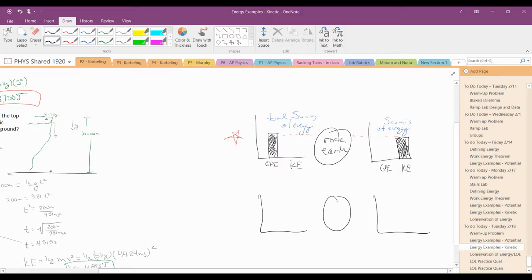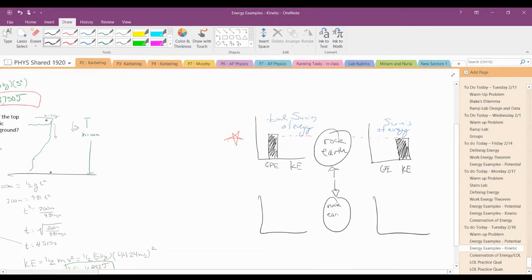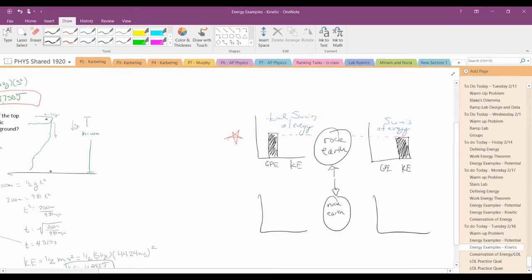And this O here is what's in your system. So what are you looking at the energy of? Well, we're looking at the rock, right, because it's falling. And we're looking at the Earth, too, because of gravitational potential energy. The gravity comes from the Earth. That force due to gravity comes from the Earth.